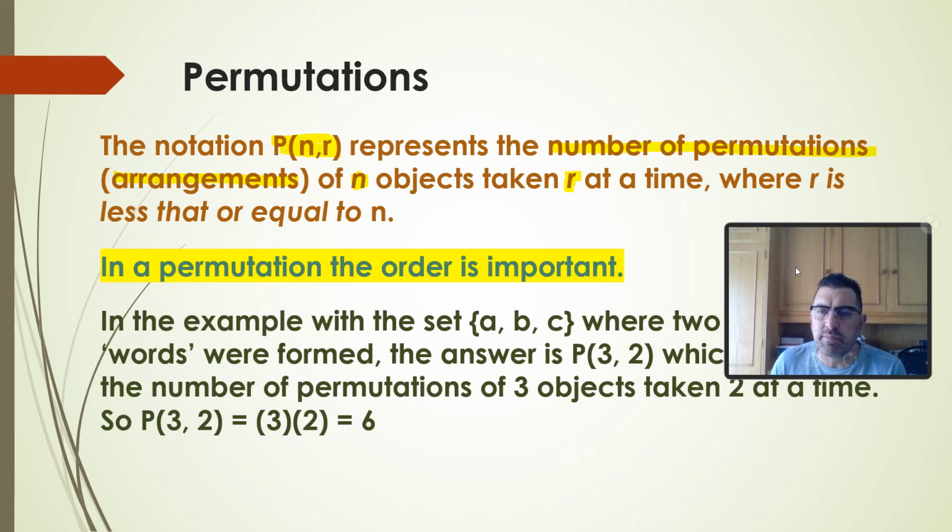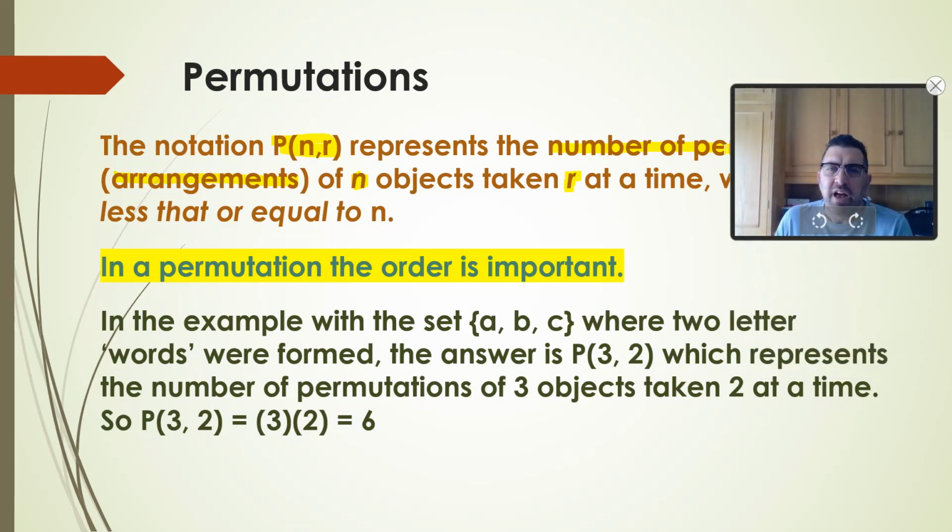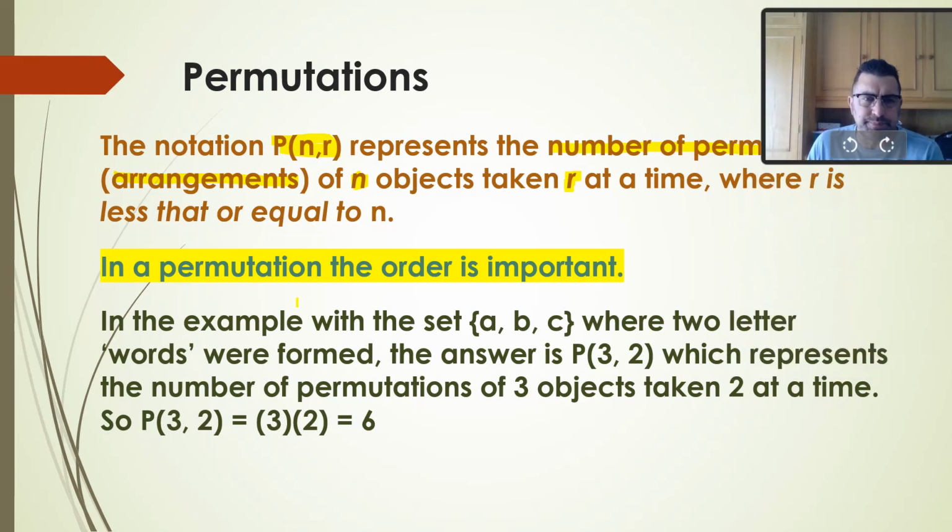In the example of the set ABC, where 2-letter words were formed, the answer was P32, which represents the number of permutations of 3 objects taken 2 at a time.